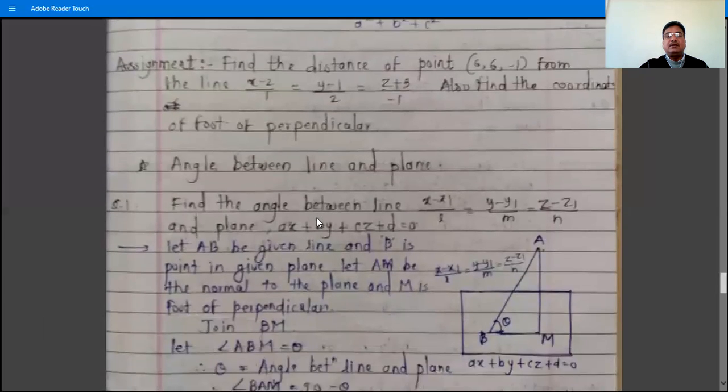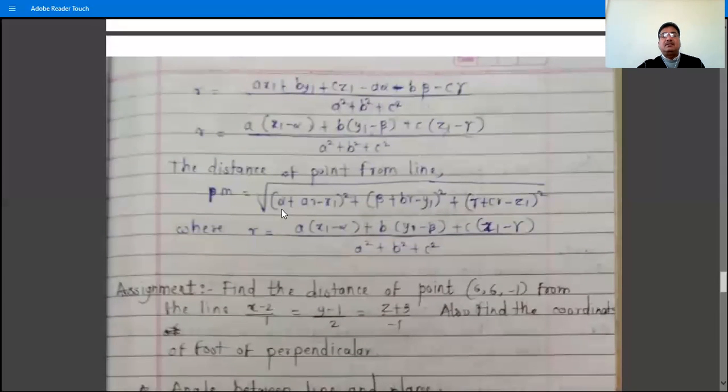The coordinates of P and M are these: alpha plus AR minus x1, where x1 is the x coordinate of the point P, bracket square, plus beta plus BR, the y coordinate of the point M, minus y1, the y coordinate of point P, bracket square, plus gamma plus CR minus z1, bracket square, where R is this.